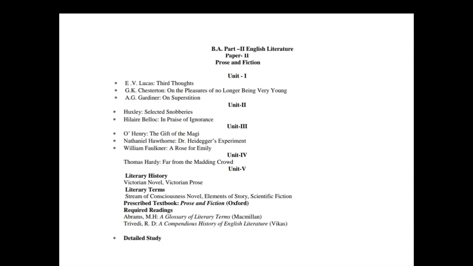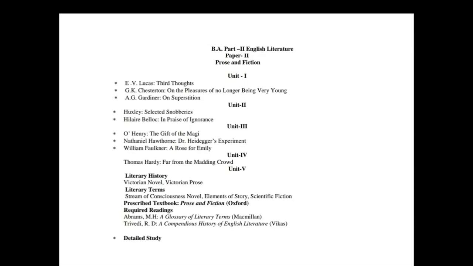In the next unit, we can see that Thomas Hardy's novel Far from the Madding Crowd is prescribed, and Thomas Hardy was an English novelist and poet. He is known as a Victorian realist.